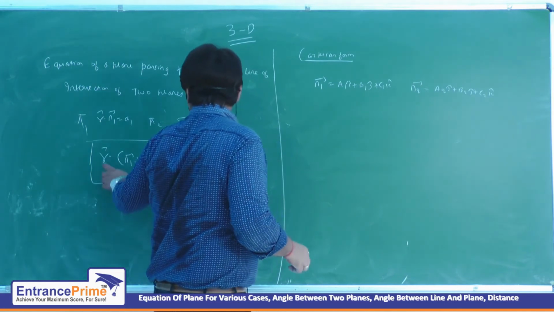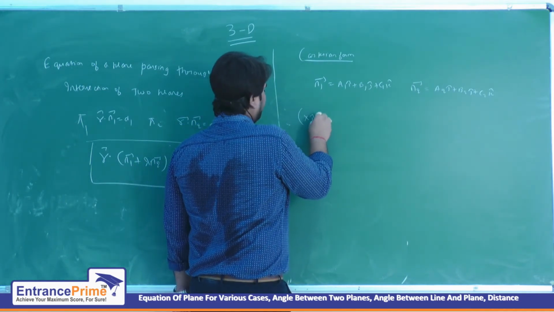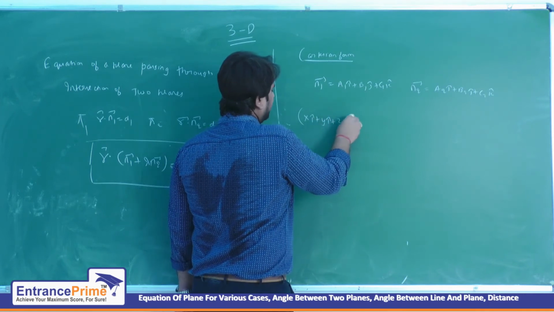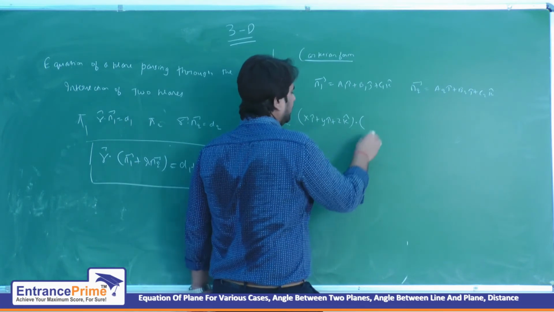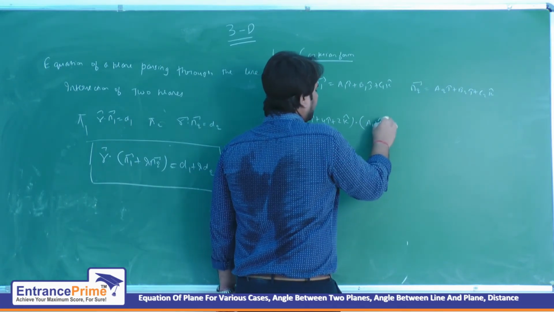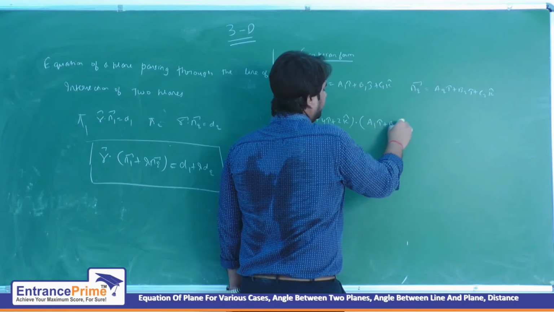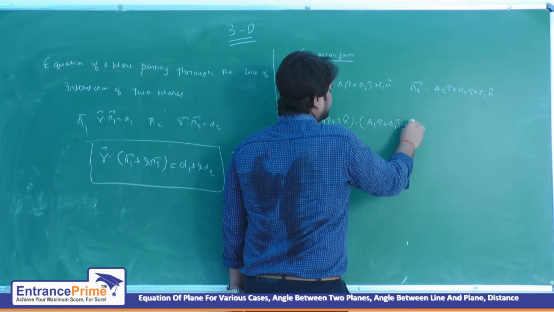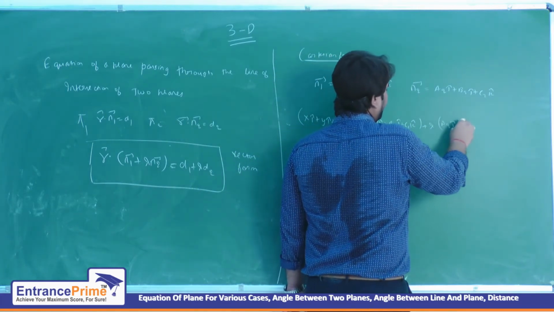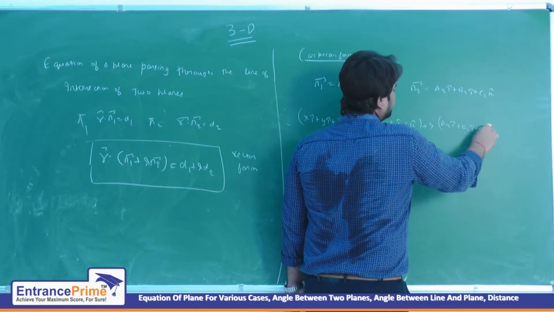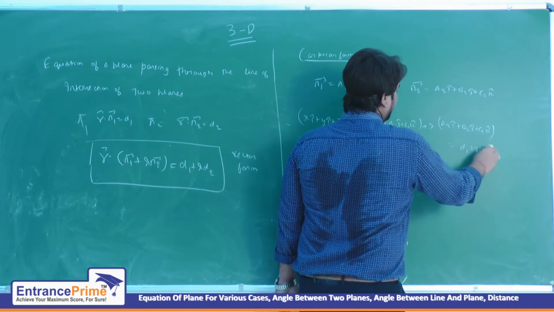So it will become R vector dot, R is xi cap plus yj cap plus z k cap, dot n1 plus lambda n2, that means a1 i cap plus b1 j cap plus c1 k cap plus lambda times of a2 i cap plus b2 j cap plus c2 k cap, that is equal to d1 plus lambda d2.